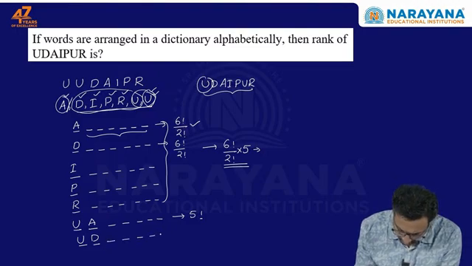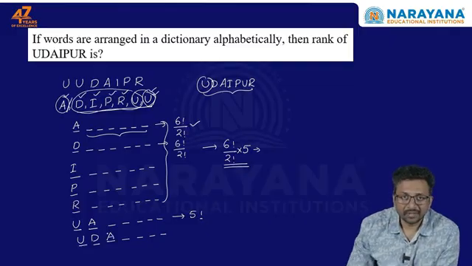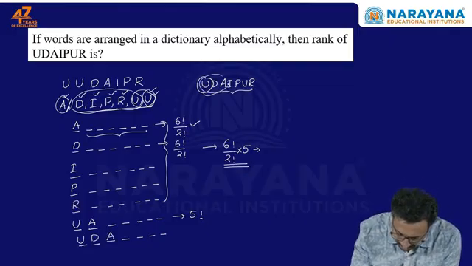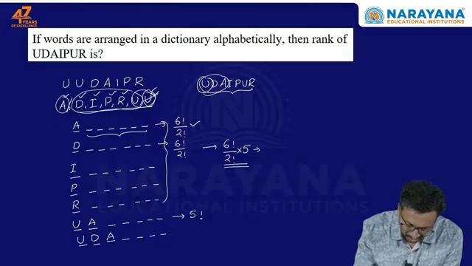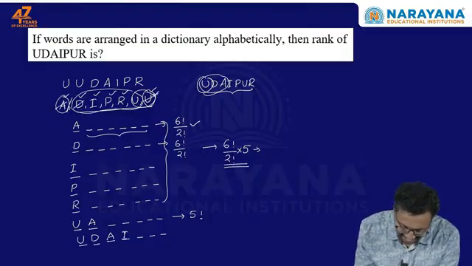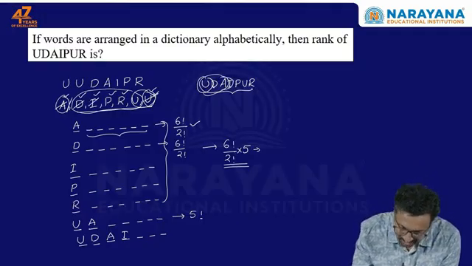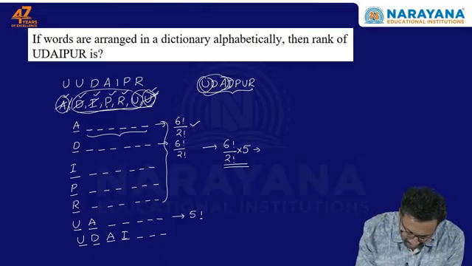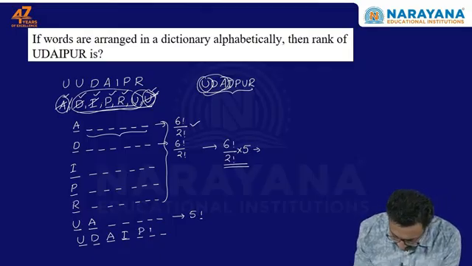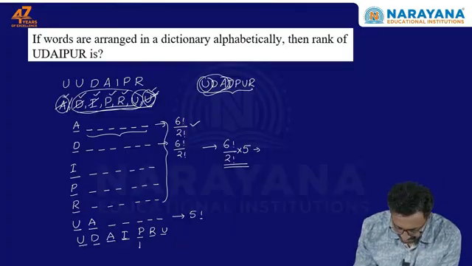Among the words starting with UD, initially UDA words will come. Our Udaipur is also starting with UDA, right? So UDA, and in the alphabetical order, I is the first, UDAI. Our Udaipur is also starting with UDAI. Then you have P, R, U as one word, which is the first word, and the second word is PUR, right?